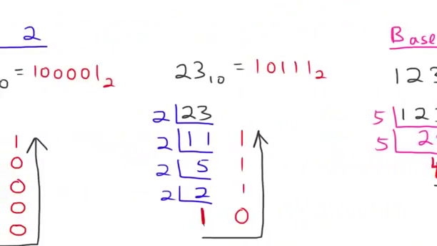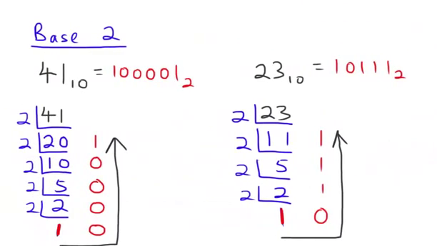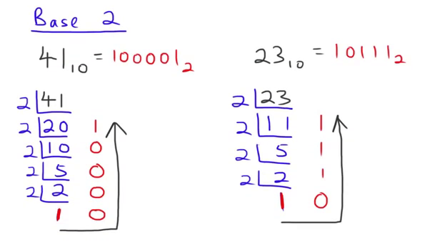If you want base 2, then you divide by 2. It's a very simple concept and a very simple way to work out the answer. And just remember, write the remainder at the side, and the answer will read from the bottom up to the top.